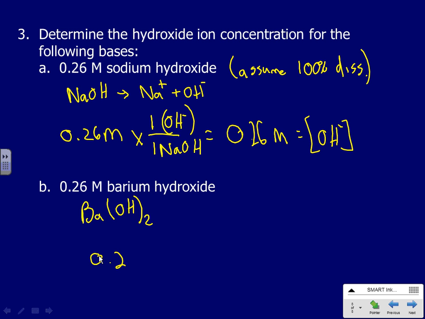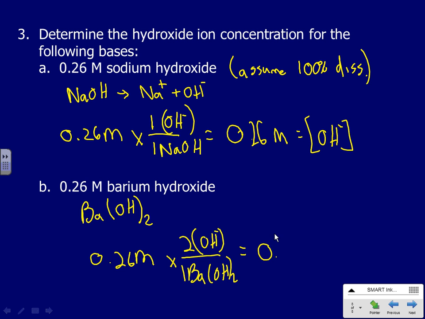If I have 0.26 molar barium hydroxide, I'm going to have two OHs for each barium hydroxide, 2-to-1 ratio, and I end up with a concentration of what, 0.52 molar. That is the OH minus concentration. All right?